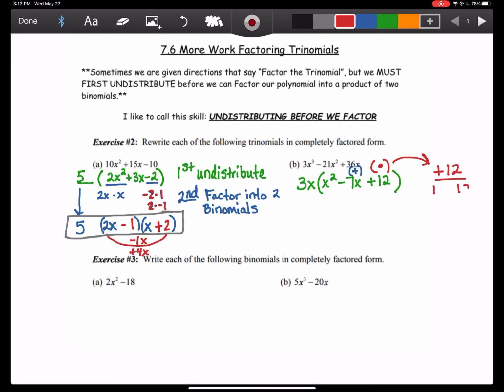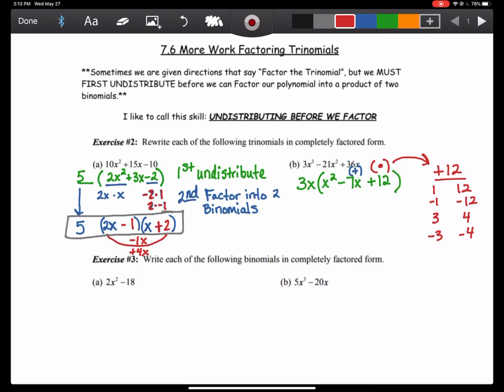And I've got 1 and 12, and -1 and -12. And then I've got 2 and 6. But I start to get hunches that 2 and 6, they can't add up to 7. So I'm going to skip those. I'm going to do 3 and 4, and -3 and 4. -3 and -4. I skipped over 2 and 6 because I know that 2 and 6 do not add up to 7.